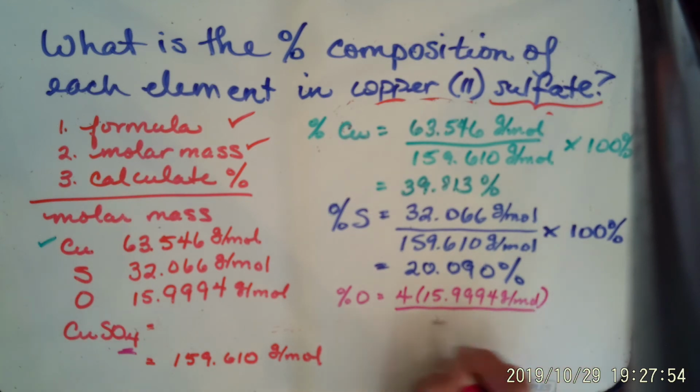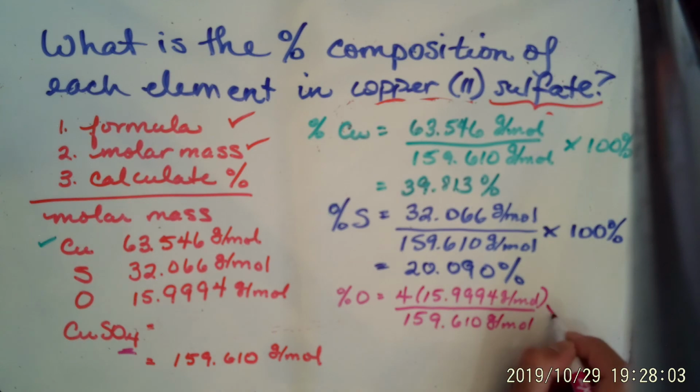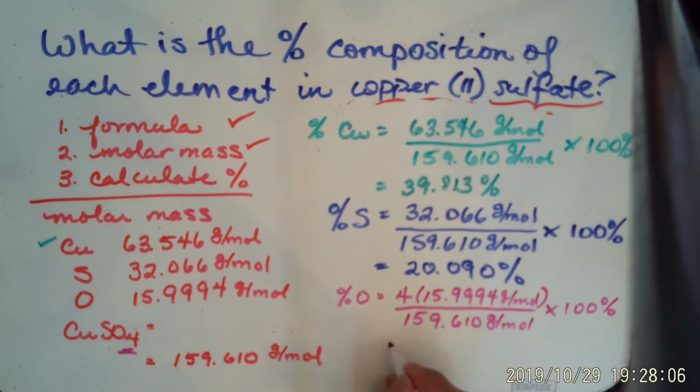And then we're going to divide it by my whole molecule, which is 159.610 grams per mole times 100%. So 4 times 15.9994 divided by 159.610 multiplied by 100, we get 40.096% oxygen, okay?